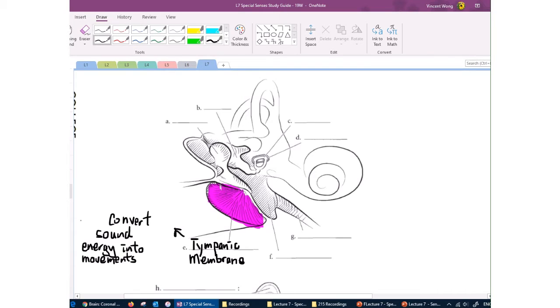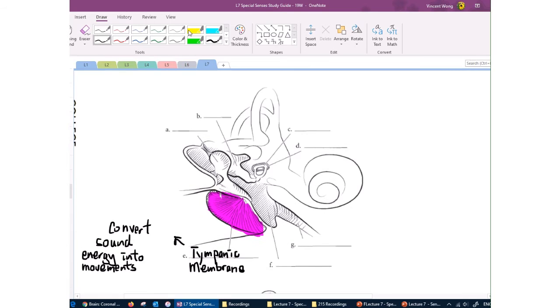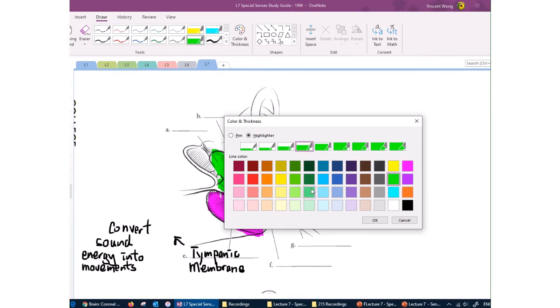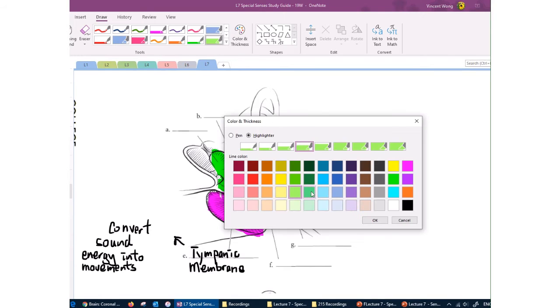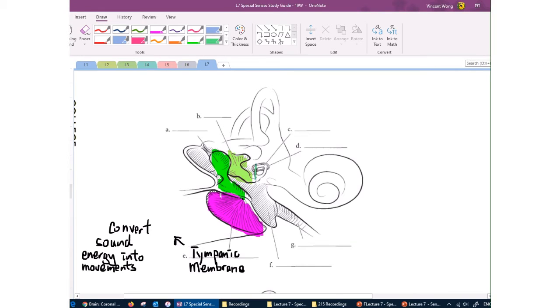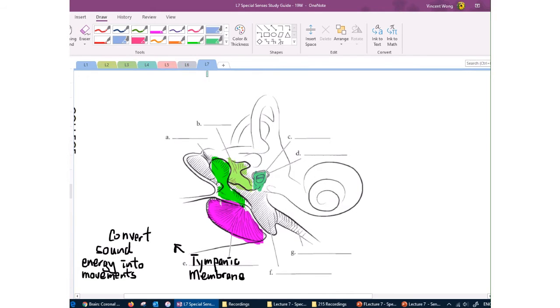Okay, and on the medial side of the tympanic membrane, it is connected to one of the three ossicles. So this is one of the ossicles. I'm just going to use a different color for the next one, a different shade of green maybe. There is the second one, and there is the third one. So these ossicles each have names.